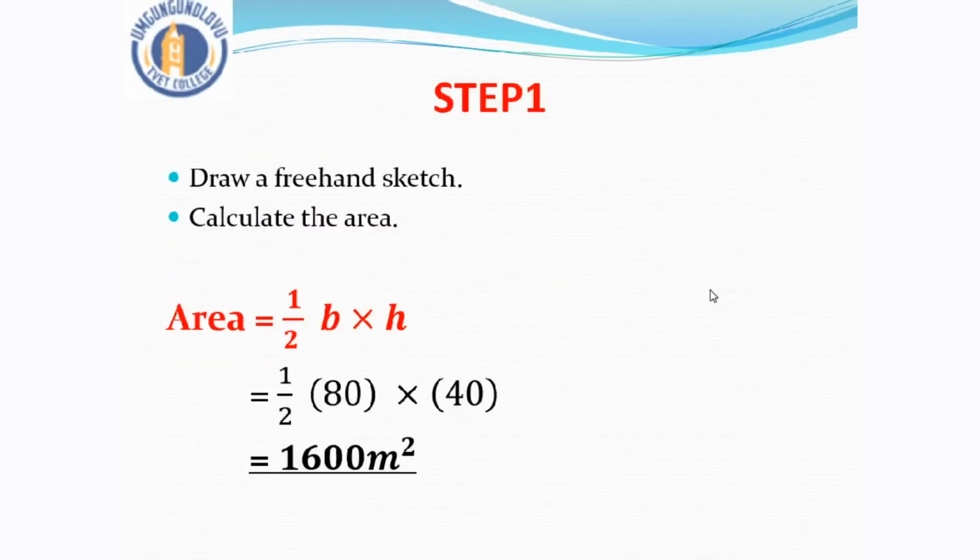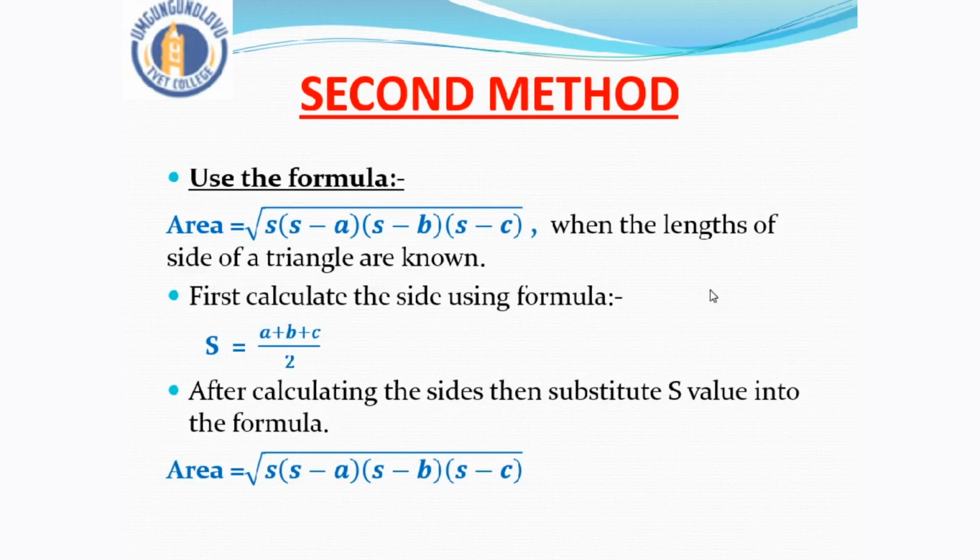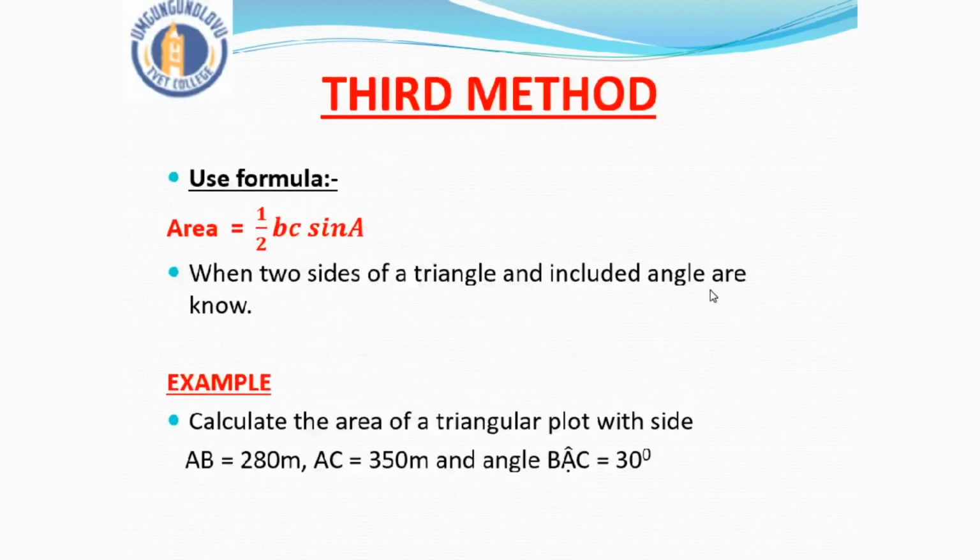let us quickly go to the third method. I think this formula confused most of the students, but here on BC, you times the two sides that they give you, you times the two sides that include the angle that you are given.